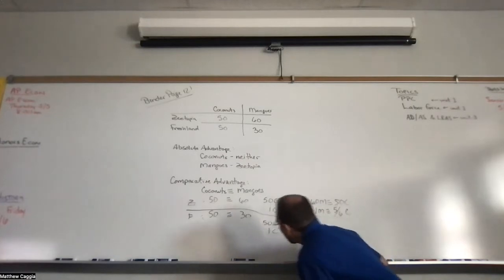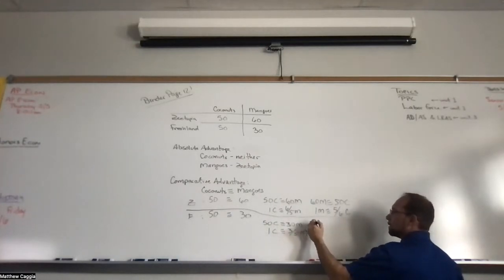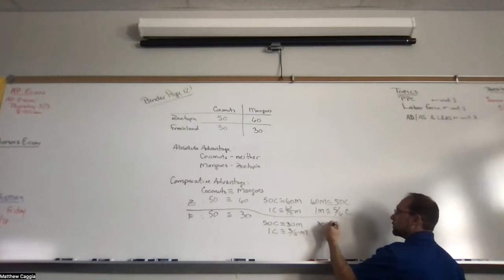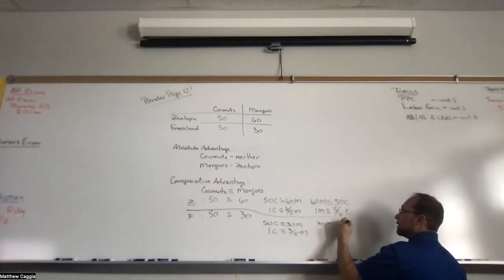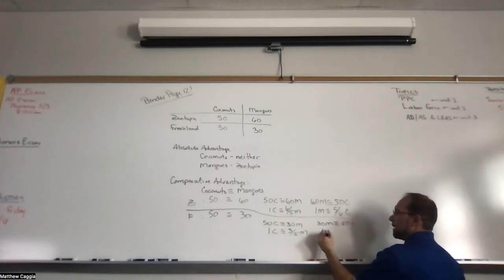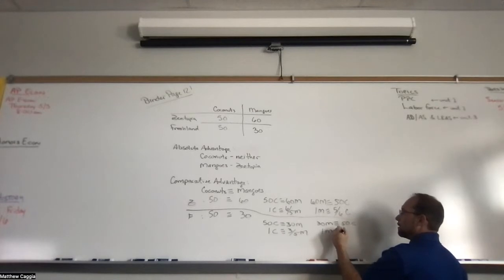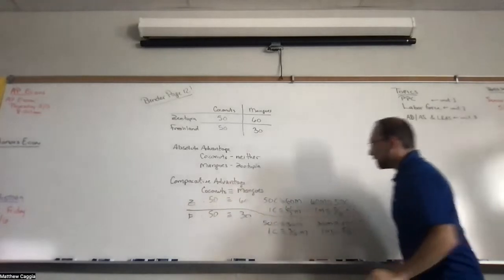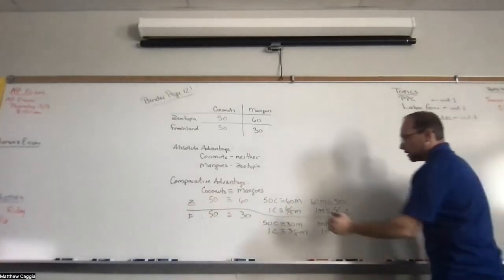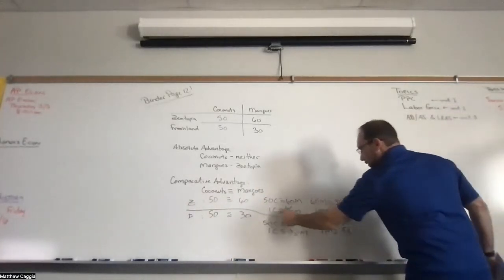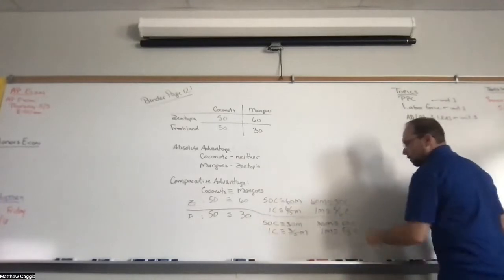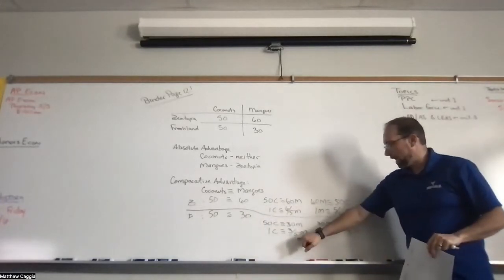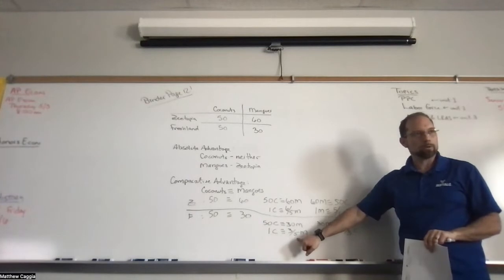Or 3 mangoes and 50 coconuts. One mango would be 5/3 coconuts. So now we have one coconut, one mango, and this is what they have to give up in order to get it.